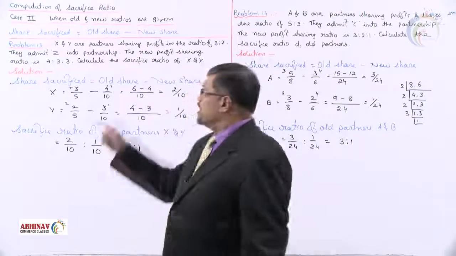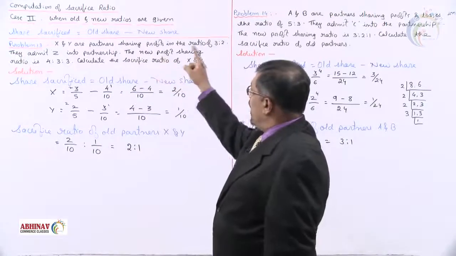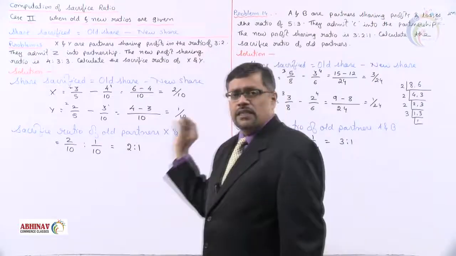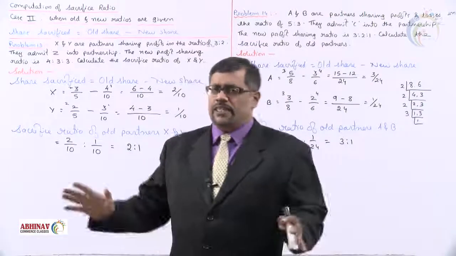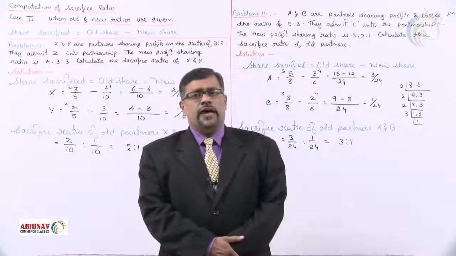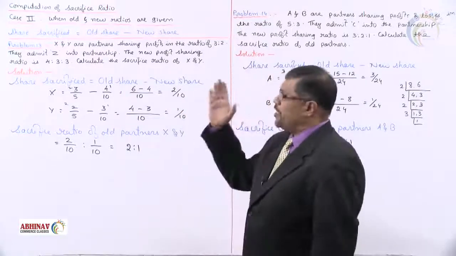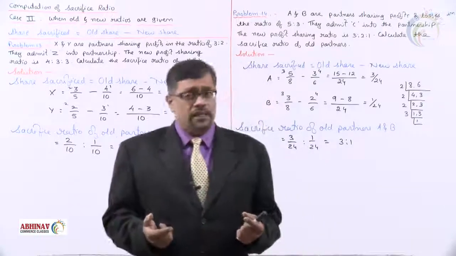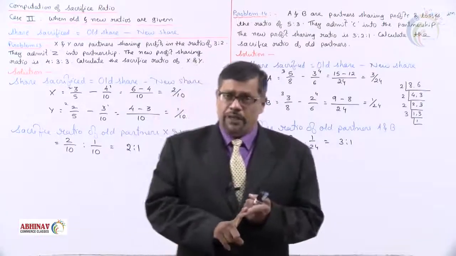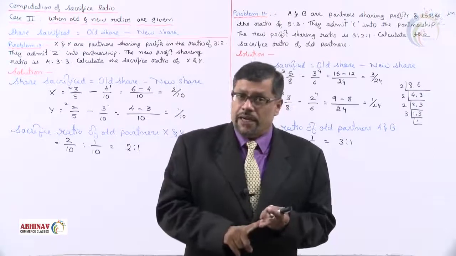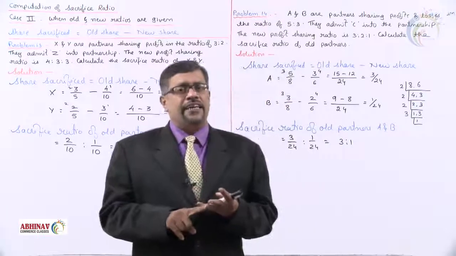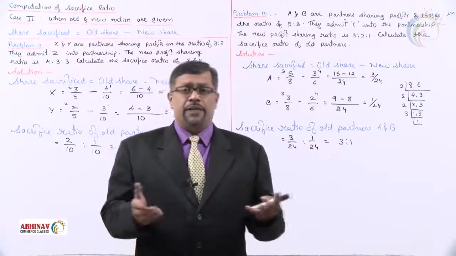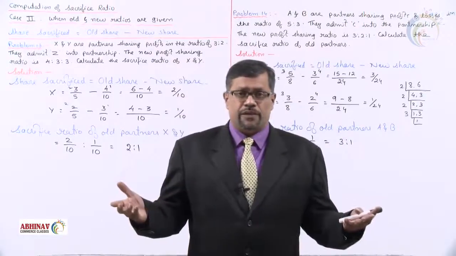This is how we find out the sacrifice ratio. Very simple. So in this session we have learned case 2 when old ratio and new ratios are given. In the next session we shall learn case 3 when old ratio will be given, new partner's share will be given, and they give the agreed ratio in which the remaining profit is to be distributed. Thank you.